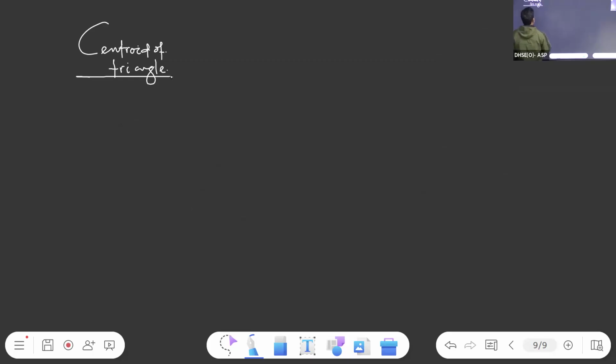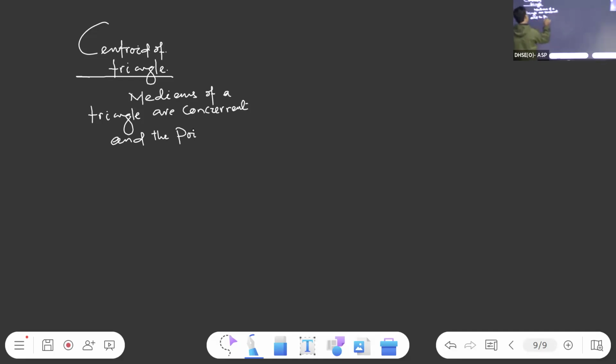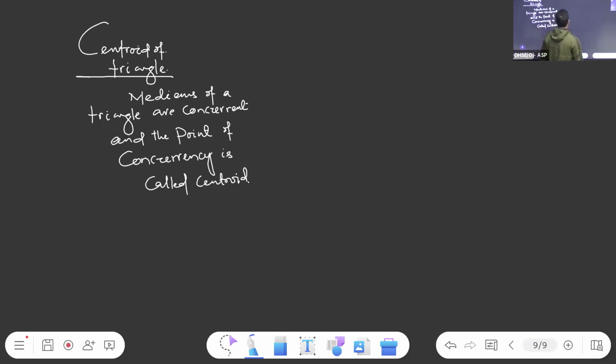Medians of a triangle are concurrent, and the point of concurrency is called centroid.